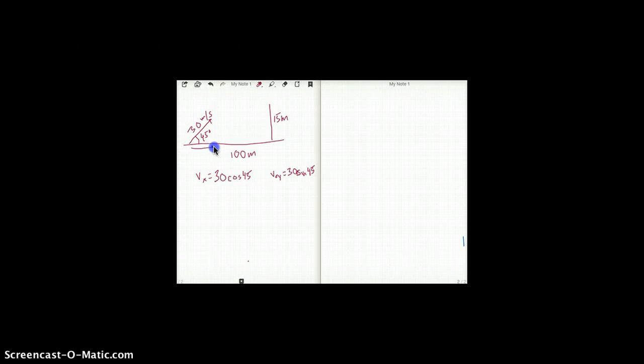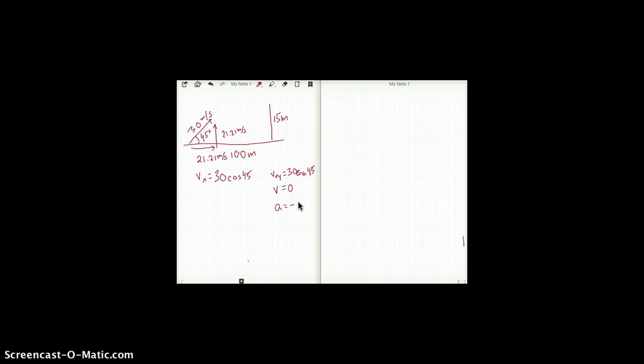So it'll be moving over at 21.21 meters per second, and it will be going up initially at 21.21 meters per second.